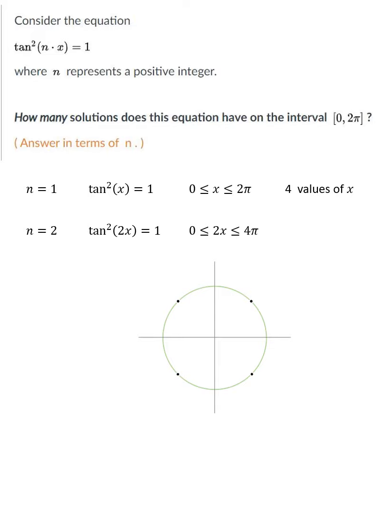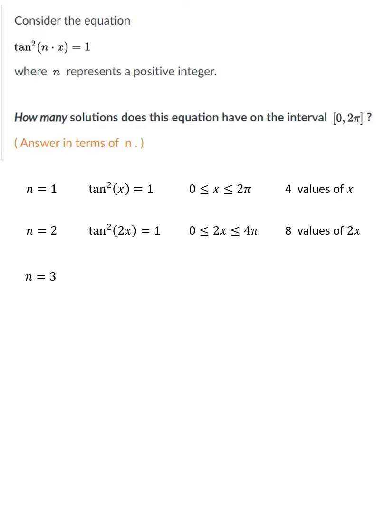But since the arc 2x is allowed to be as large as 4 pi, there would be 8 values of 2x that would terminate at that location between 0 and 4 pi. And if there are 8 different values that 2x can be, then there are also 8 values specifically that x can be, because you could divide them all by 2 to get them.